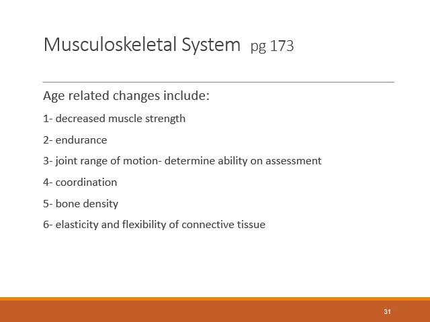Their bone density will be decreased, and that can lead to problems. Elasticity and flexibility of the connective tissue. So if their range of motion is stiff and they can't move around too much, they're losing their elasticity and flexibility. So it's really important to move.